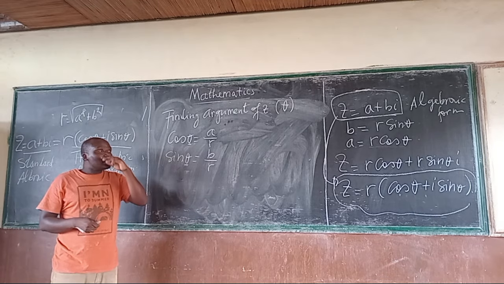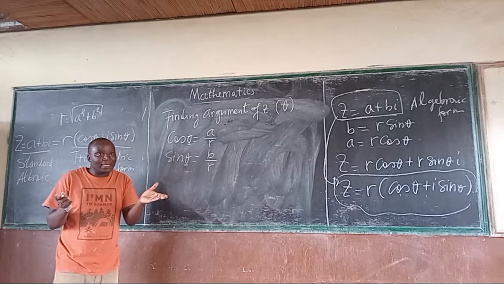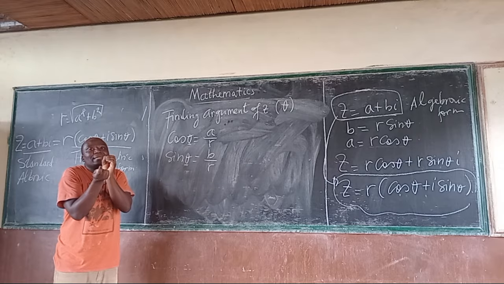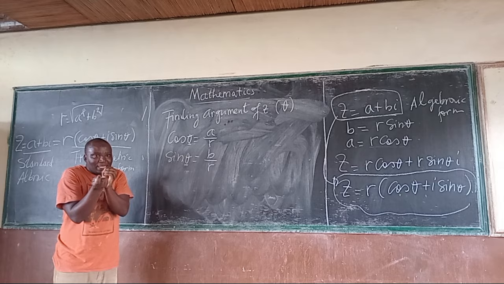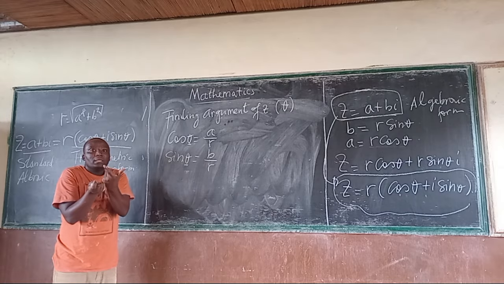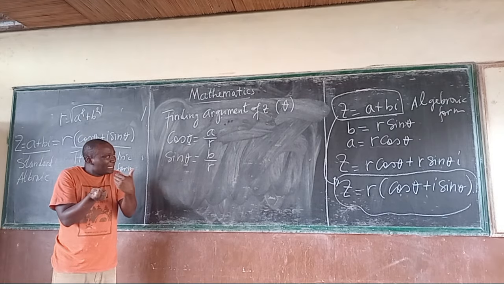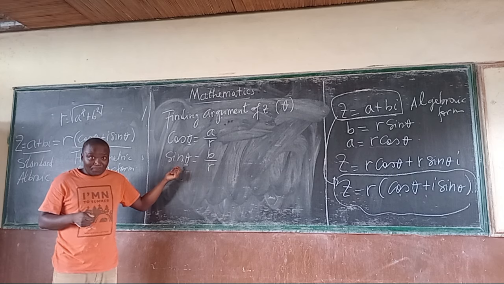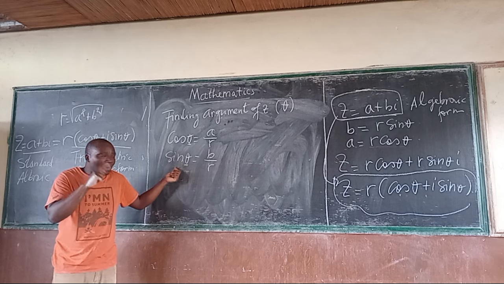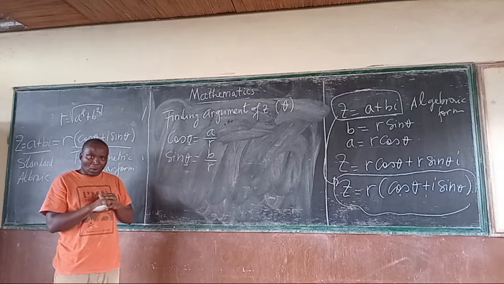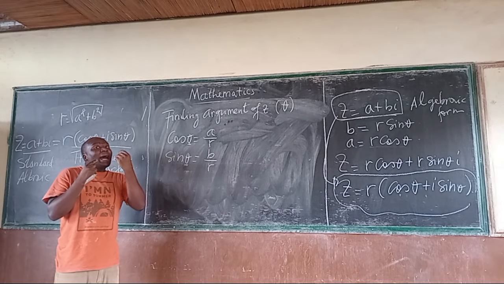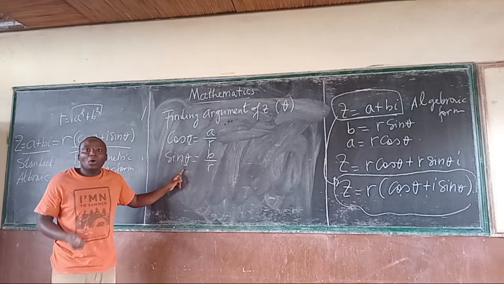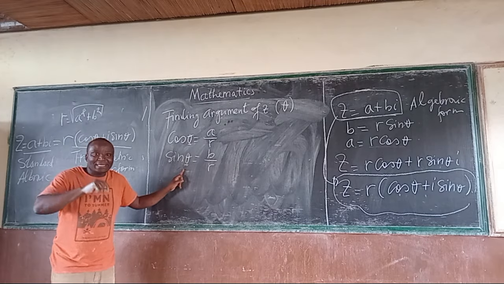As you have already discussed, a unit circle is a circle always centered at the origin, 0, 0, and the radius of the unit circle must always be 1. The good and simple way of getting the argument is to localize this angle theta on our unit circle.